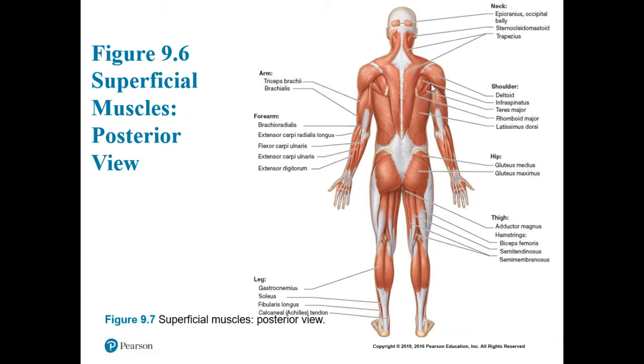Your arm can do all types of movements. It can do circumduction, a circular action with your entire arm. It can do protraction, which I talked about, retraction, which I talked about, flexion, and extension. It can do all of those movements.